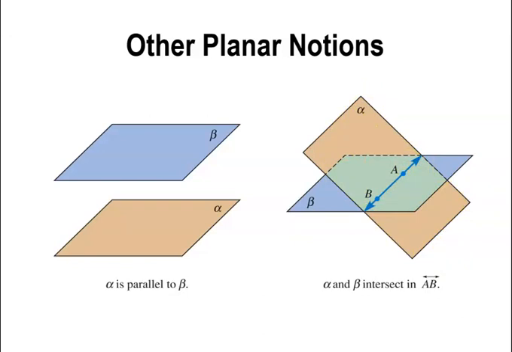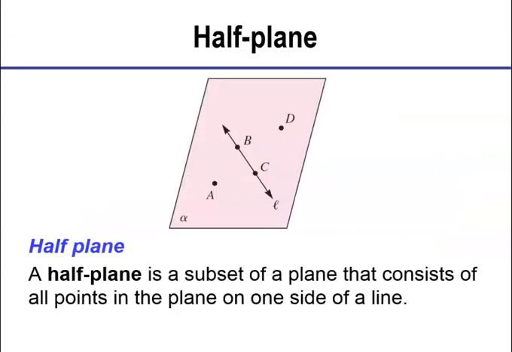So an intersection of 2 planes creates a line. There you go. You could also have a half plane, which is interesting. A half plane is a subset of a plane that consists of all points in the plane on one side of a line. So you can have a half plane, all the points on one side of a line.